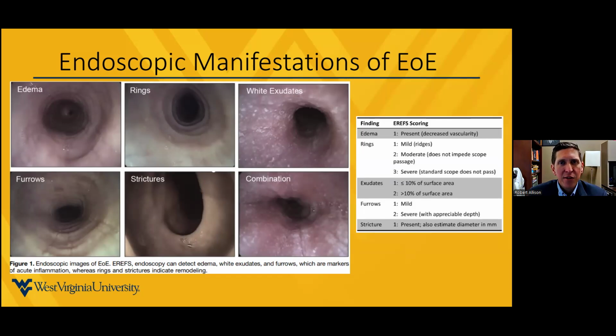This is likely not something that most family physicians do, but if you are a family physician who practices endoscopy, this might be something that you want to be familiar with. The acronym edema, rings, exudates, furrows, and strictures are all clinical findings that are highly suggestive of eosinophilic esophagitis.